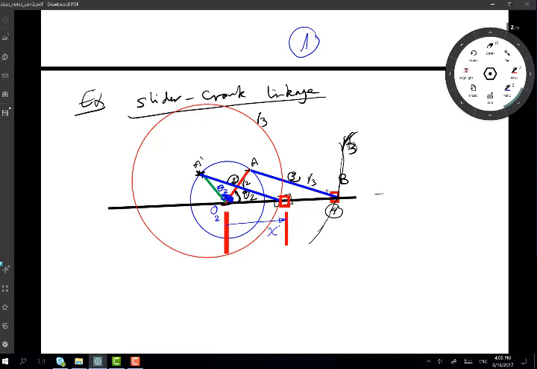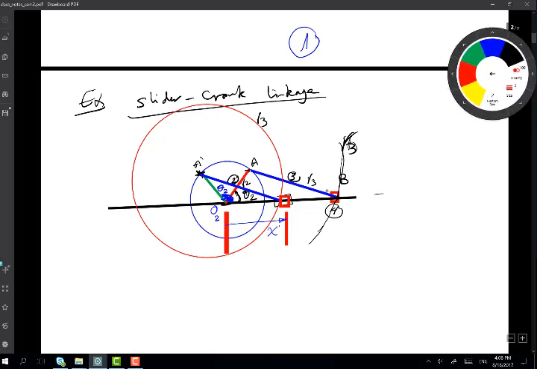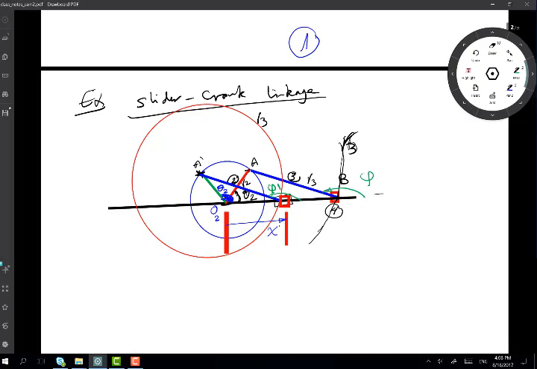Also, one thing you can find and possibly be required at some point to calculate is the angle of the connecting rod. So the connecting rod here has some angle phi, right? The angle may have changed slightly to phi prime, from one position to another.